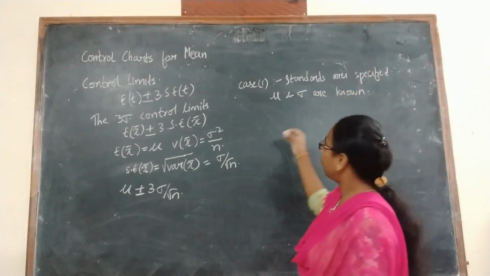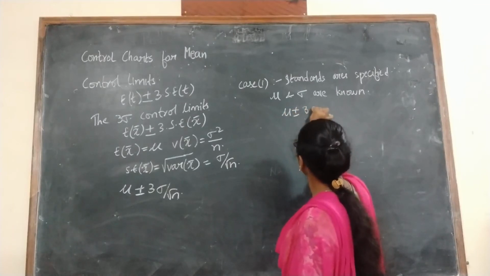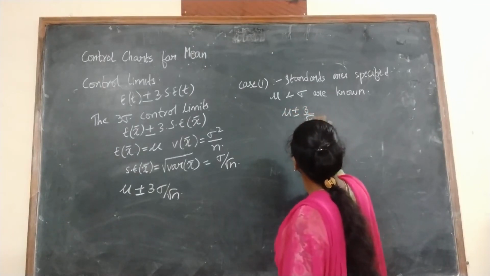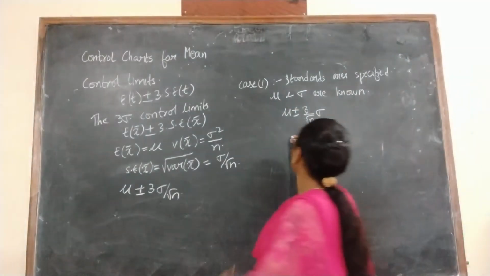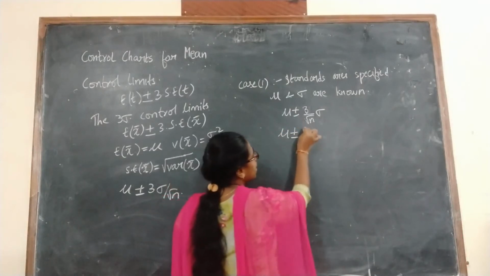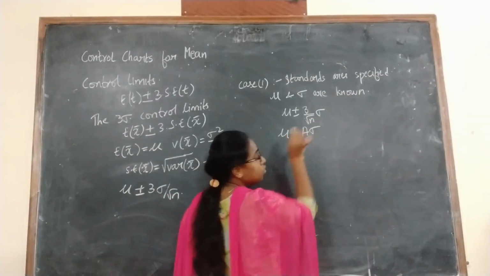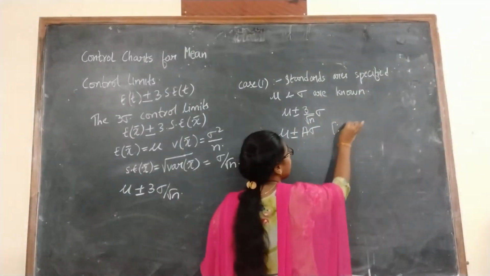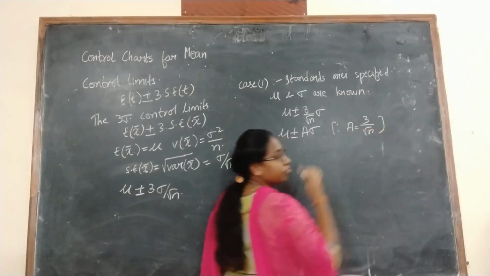So what are the control limits? Mu plus or minus 3 by root n into sigma. So these are the general control limits. Now I am writing mu plus or minus this value 3 by root n, which I am considering as A, into sigma, since A equals 3 by root n.